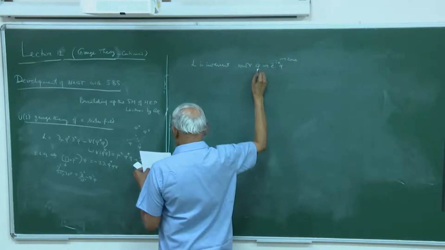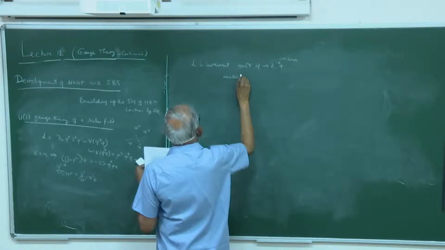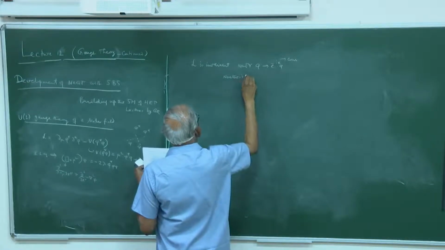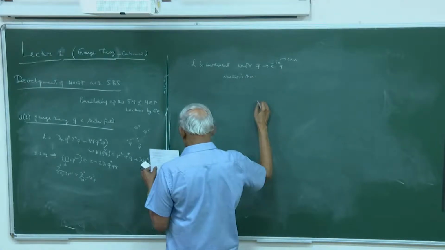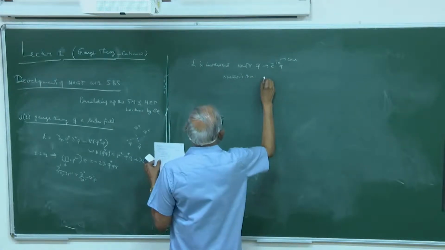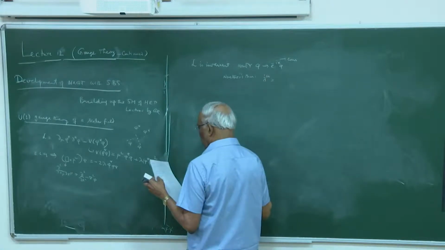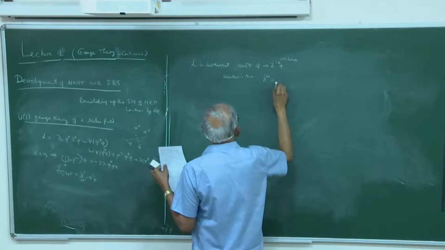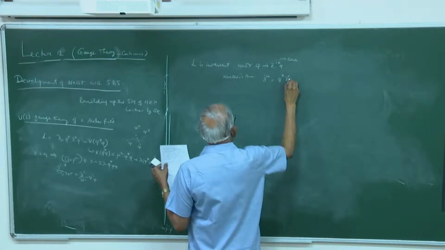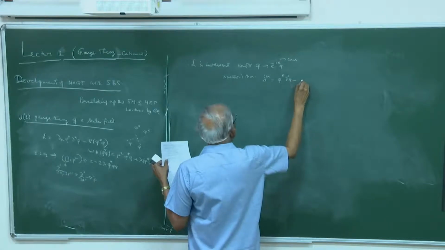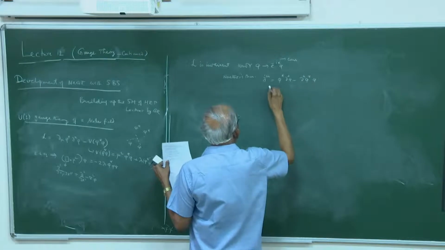So by Noether's theorem, there will be a current which is microscopically conserved, and that current you can work out. There are prescriptions for doing that. I don't want to go through all that. J mu will be phi star d mu phi minus d mu phi star into phi, and this current will be conserved.